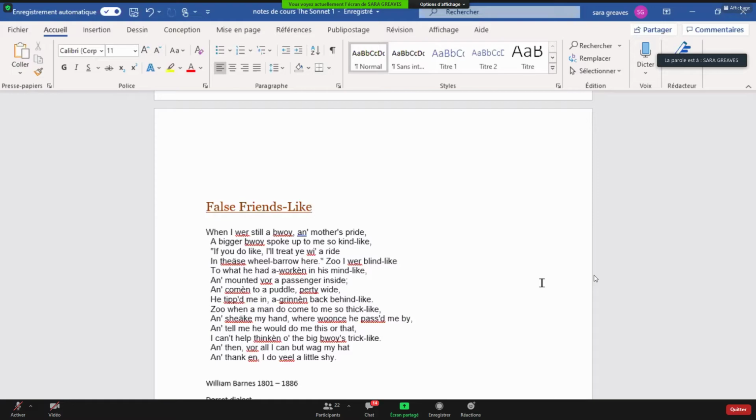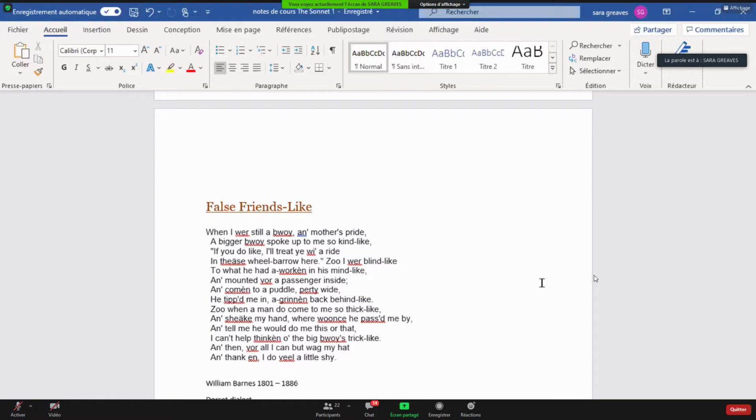It's called False Friends Like. When I were still a boy and mother's pride, a bigger boy spoke up to me so kind-like. If you do like, I'll treat ye wi' a ride in there's wheelbarrow here. Though I were blind-like to what he had a working in his mind-like, and mounted for a passenger inside.